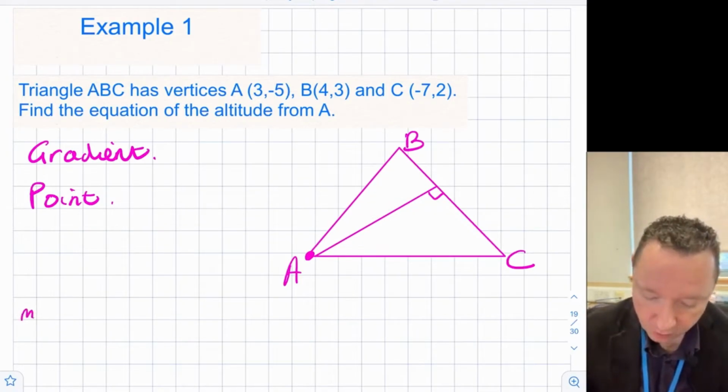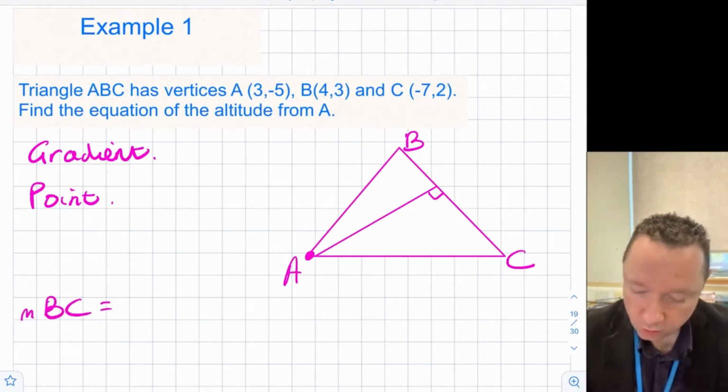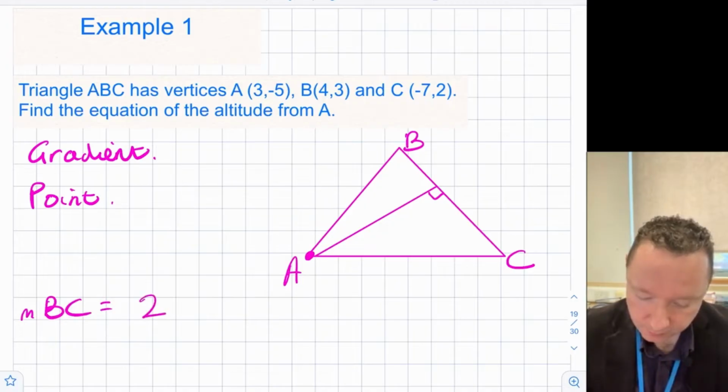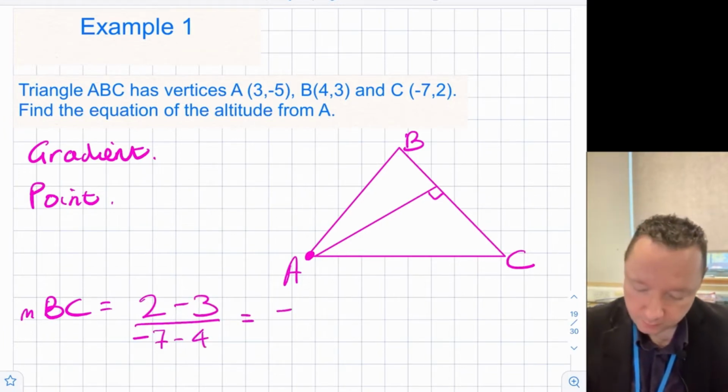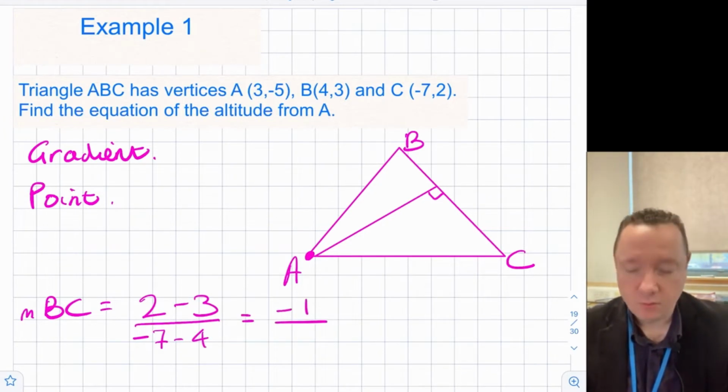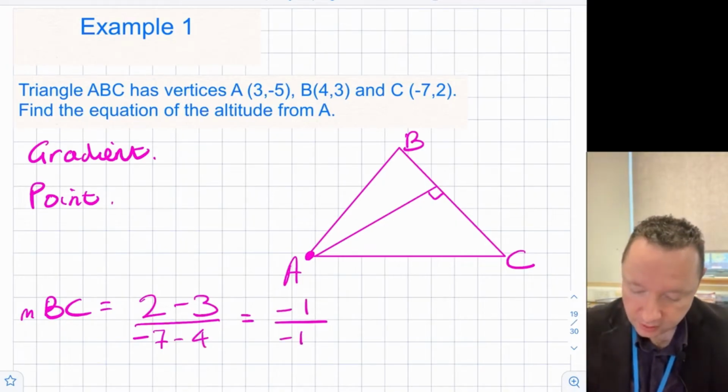The gradient of BC is equal to 2 minus 3 over -7 minus 4. 2 minus 3 is -1. -7 minus 4 is -11, which simplifies to 1 over 11.